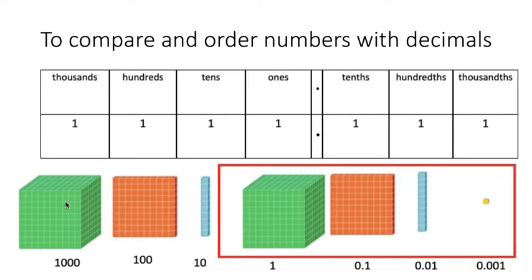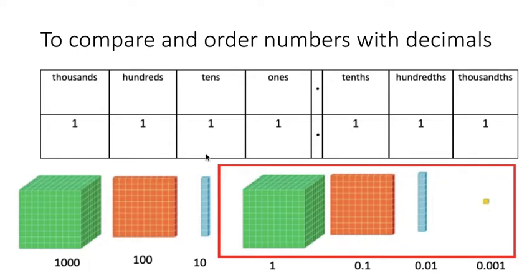We represented the thousands, hundreds, tens, and then we had a small dot for the ones, but we put over a magnifying glass. Now, a magnifying glass made our 1 into a large cube rather than just being a tiny cube. And we split it into 10 equal pieces, which made our tenths. We split that into 10 equal pieces, which made our hundredths, and we split that into 10 equal pieces that made our thousandths.